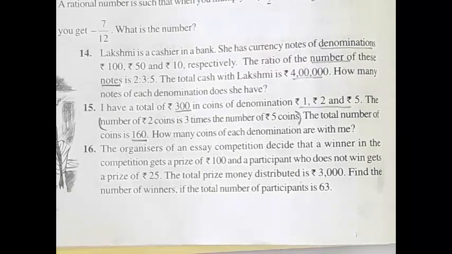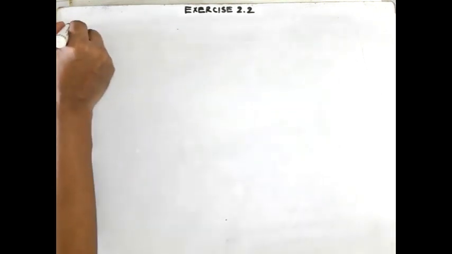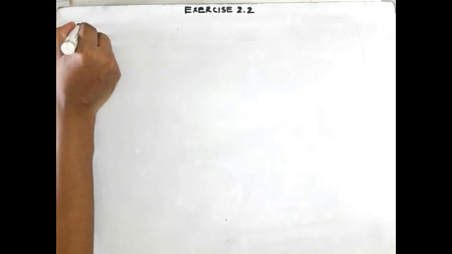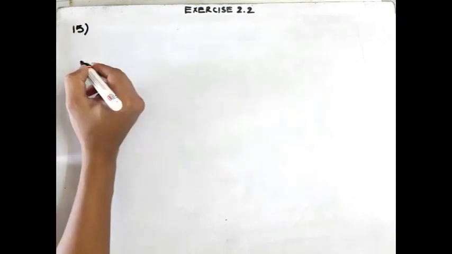Same like the 14th one. So please follow the instructions carefully. Okay, to start with, let us follow the given instructions. If you observe, the number of 2 rupee coins is 3 times the number of rupees 5 coins.